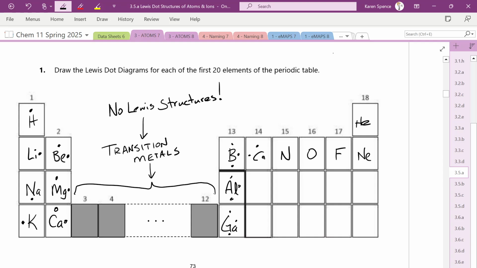Carbon, 1, 2, 3, 4. What's beside aluminum? Silicon, germanium. Yeah, there you go. Okay, 1, 2, 3, 4.